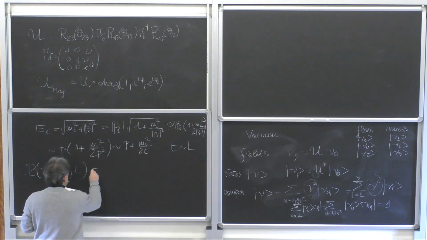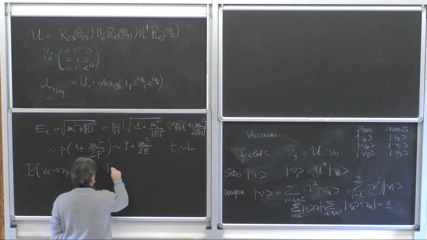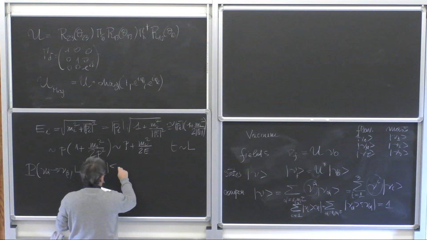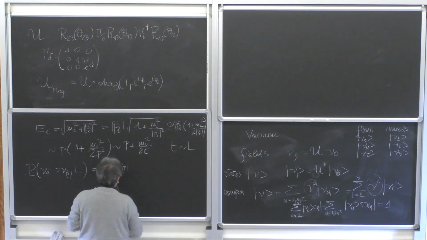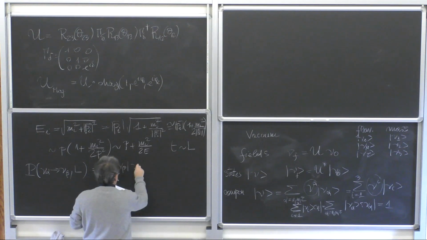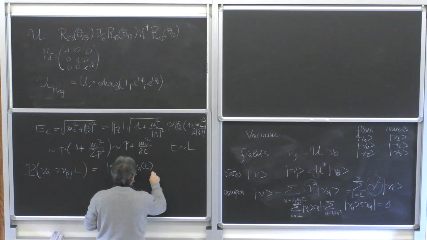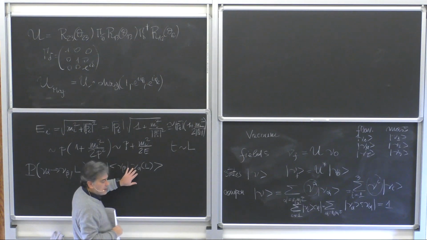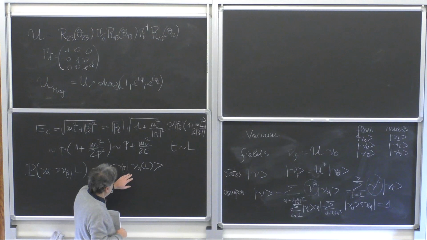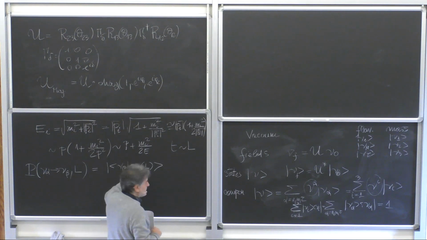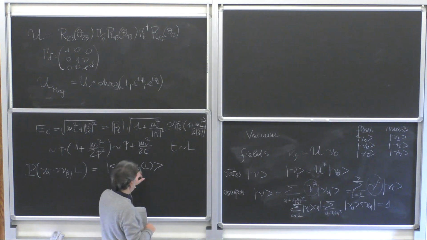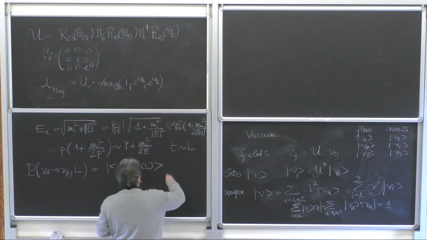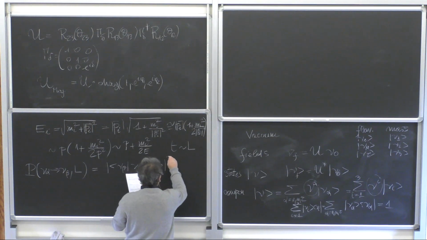Now, this is the modulus squared of nu beta and nu alpha at L, where this is the state alpha produced in flavor alpha initially, after a distance L, modulus squared.